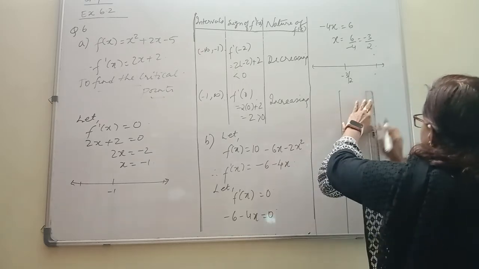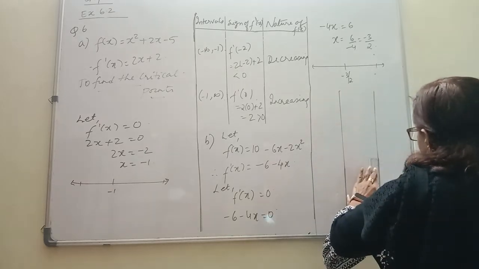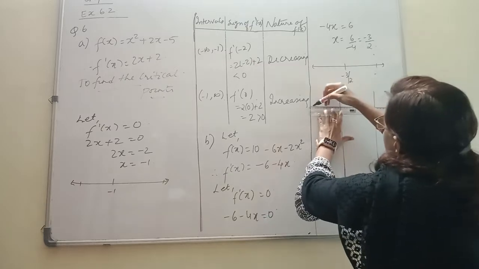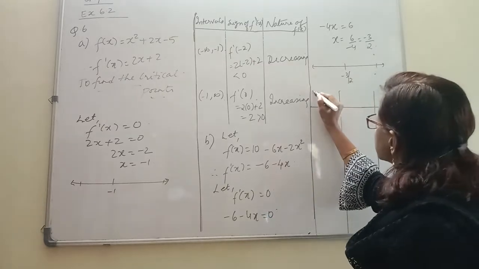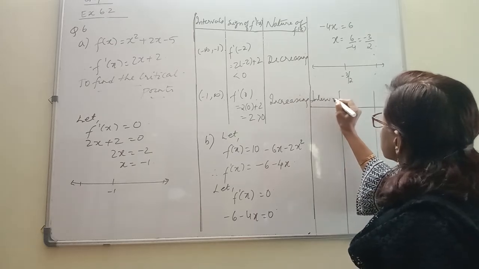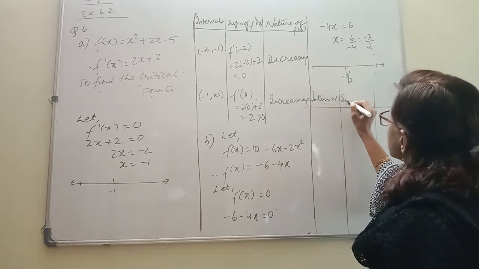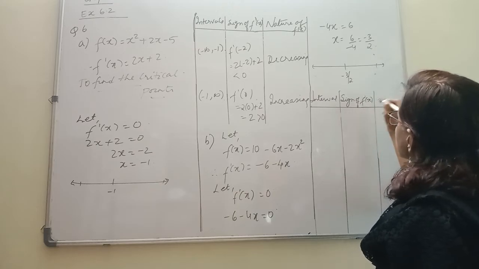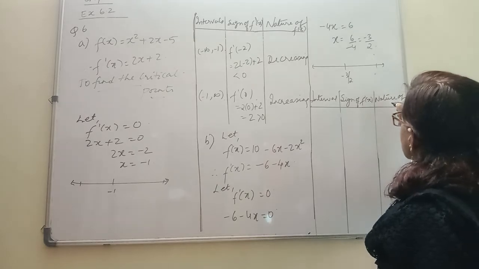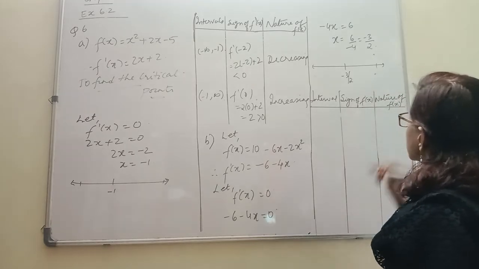A table with 3 columns: intervals, sign of f dash, and nature of f of x.